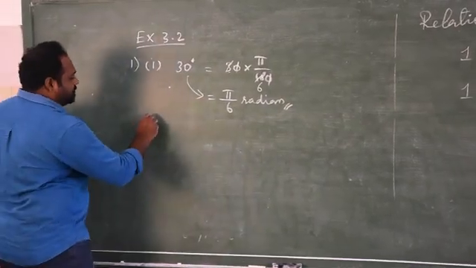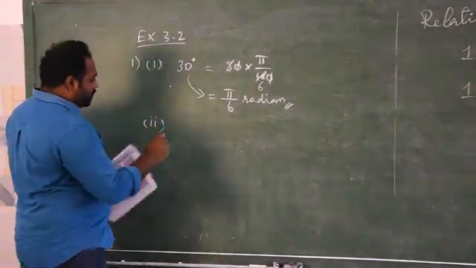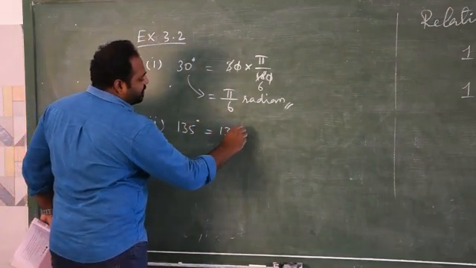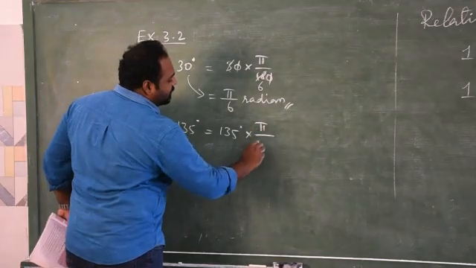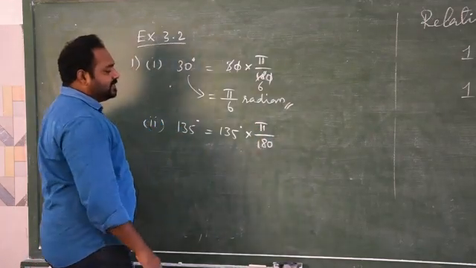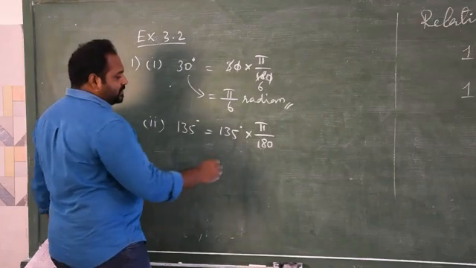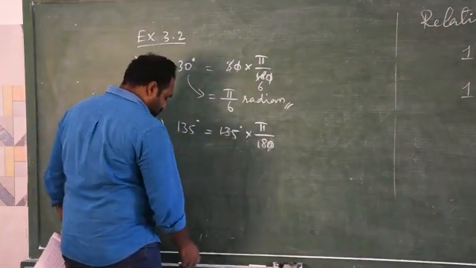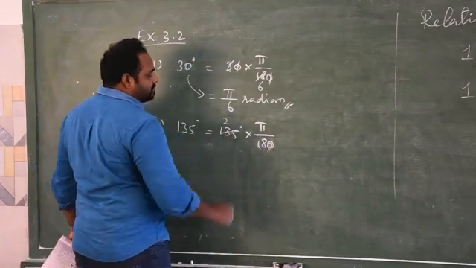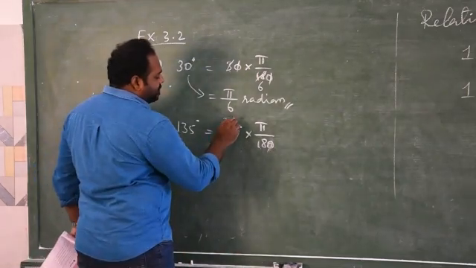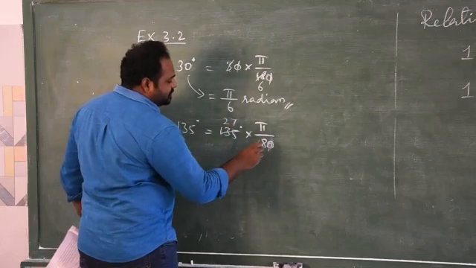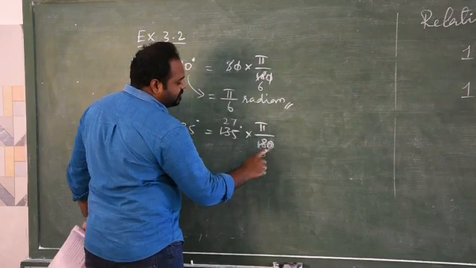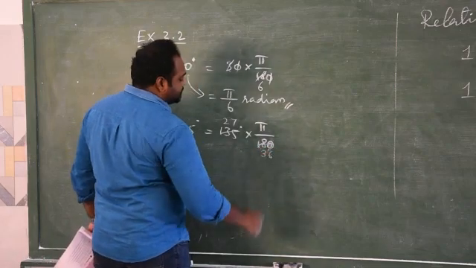The second question, 135 degree, same like that, 135 degree into pi by 180. So we are going to convert to radian measurement. So here we have a cancellation. 5 table, 2 times 10, 35, 7 times here. 3 times 15, remaining 3, 6 times.